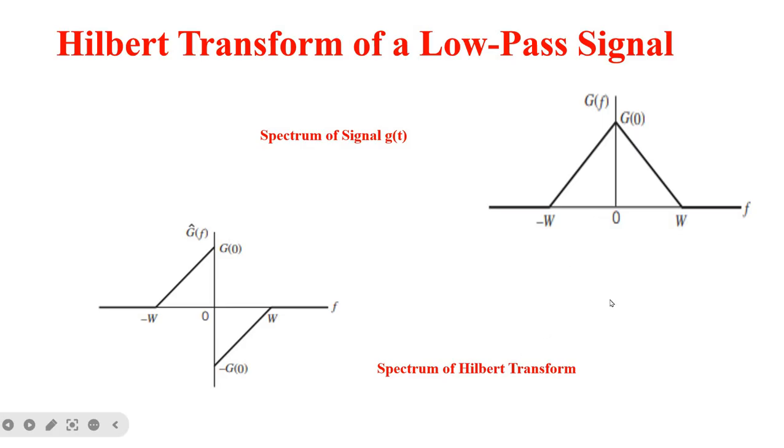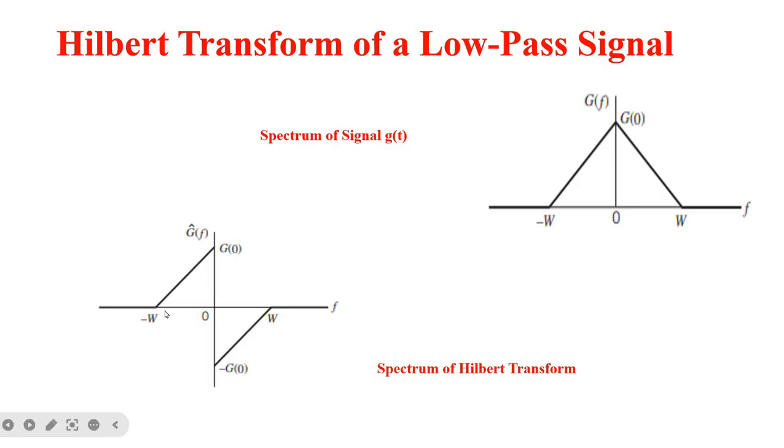Then when you apply the Hilbert transform to the signal small g of t, we will get a new signal, that is small g cap of t. So the Fourier transform of small g cap of t will be this one, that is capital G cap of f.